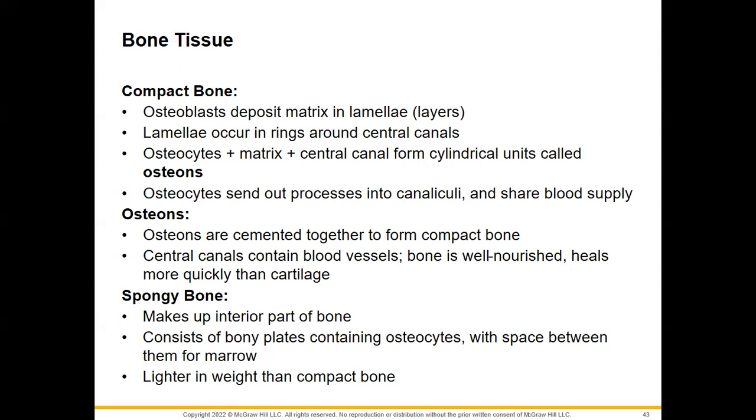Once we see a picture of it, I'll show you what we're talking about. So osteocytes plus the matrix plus the central canal, when you take those all and put them together, they form a cylindrical unit. So a unit that looks like a cylinder. It's going to be round and long. These cylinders typically are the length of the bone itself. These units are called osteons, and each section of compact bone will have several different osteons associated with it, tightly packed together.